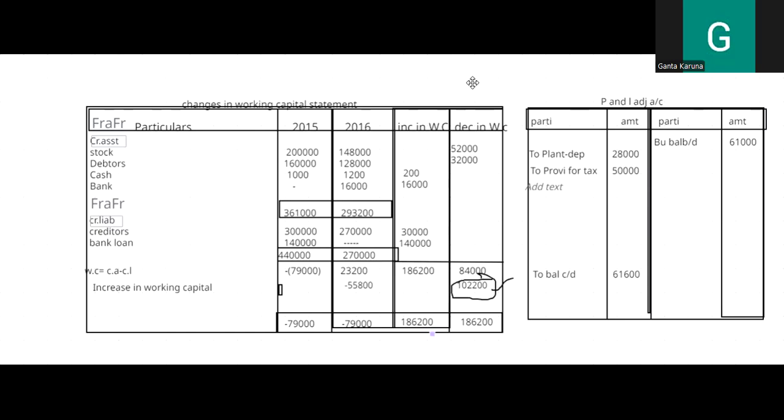Depreciation I have already taken. Dividend I didn't take, so now I will go for taking it. Dividend paid, so to dividend. I'm going to take this one as dividend.